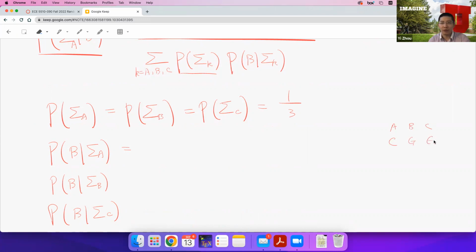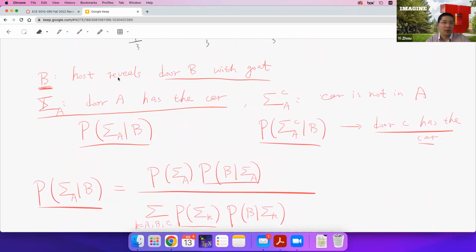So we actually know the distribution of these gifts. Given that the car is behind door A, the two goats must be behind B and C. So this conditional event already tells us the assignment of these gifts. Given this happens, what is the probability of event B? What is B?